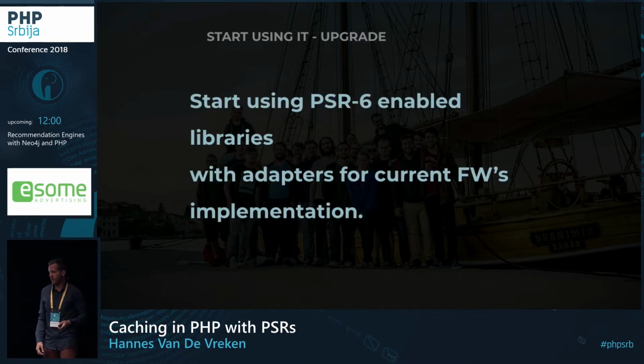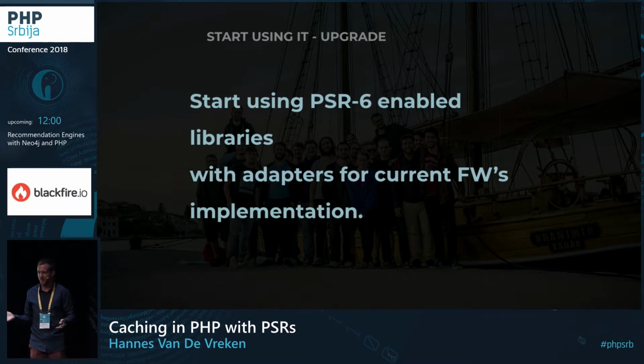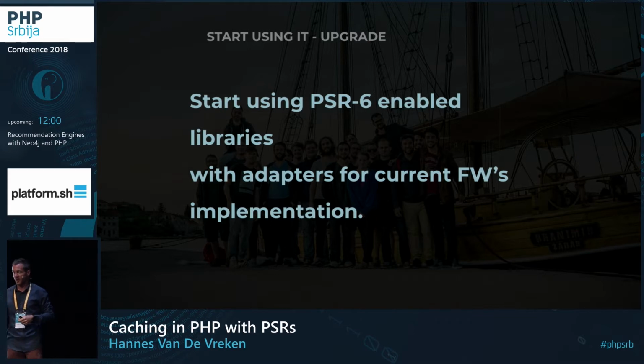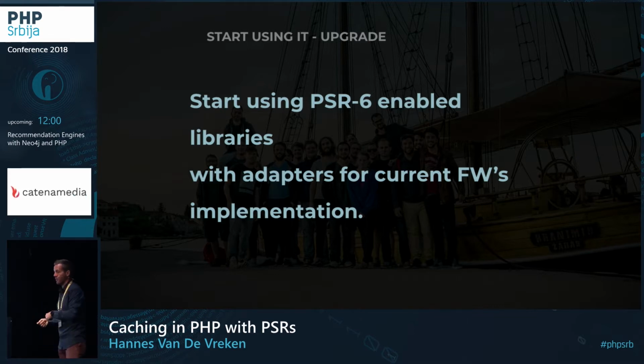For frameworks, it's basically the same thing. Start using PSR-6 enabled libraries and then use adapters, more adapters, I know. More adapters to start using PSR-6 enabled libraries inside frameworks to use your same configured caching backends that you had in your framework.